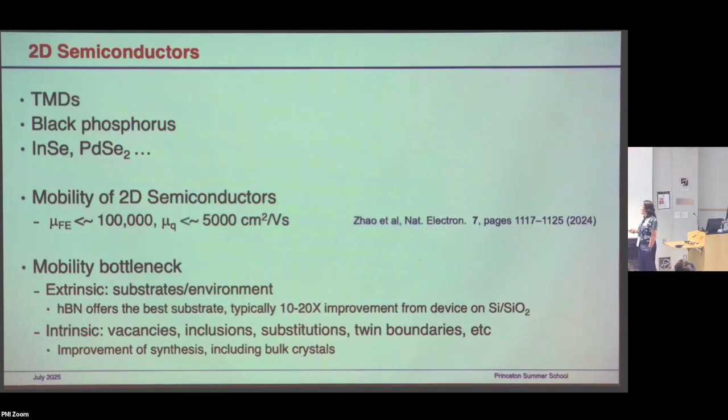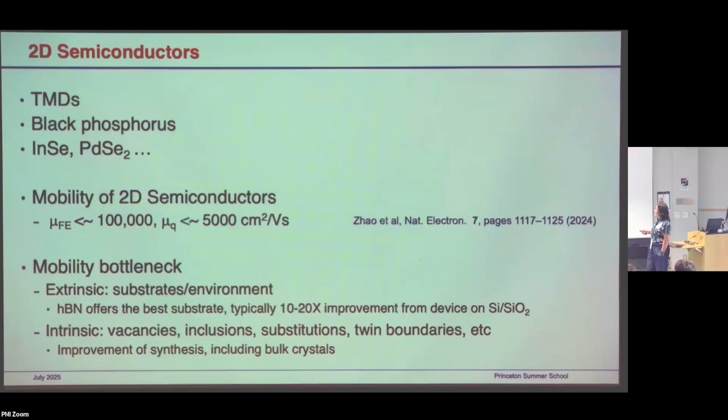How about 2D semiconductors? You have phosphorene, TMDs, whatever, a lot of materials. Typically, the mobility of 2D semiconductors tends to be a lot smaller. Quantum mobility, I would say, is limited to about 5,000. Field effect mobility can be much larger, around 100,000. So again, you can see a pretty large difference between the two.